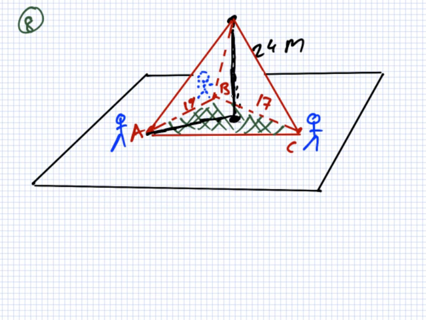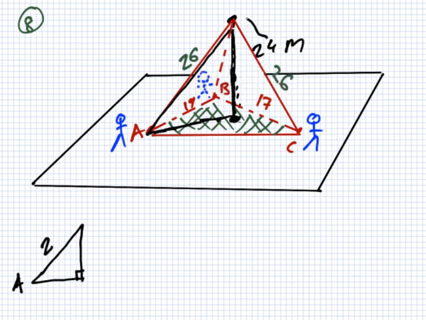So this is the triangle that has A in the corner. Now, we know this is 24. No, we don't. We know these are, how long are the ropes? 26. Yes. The ropes are 26. The height of the helicopter is 24. So we know that this is 24 and this is 26.